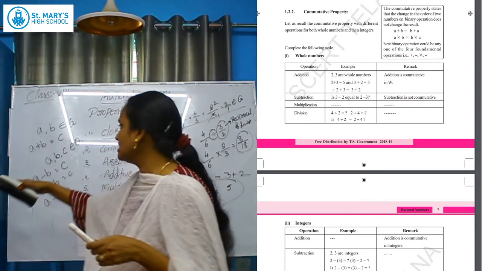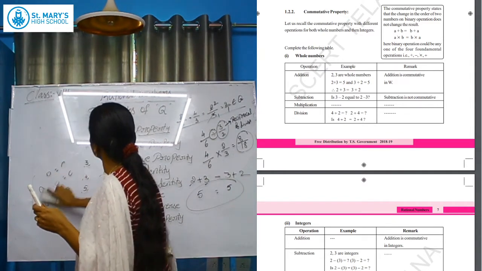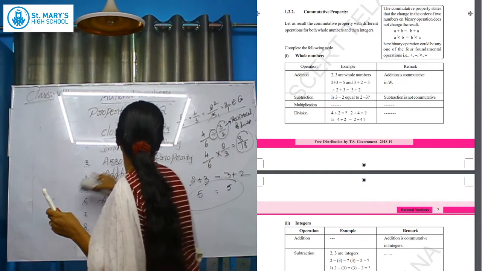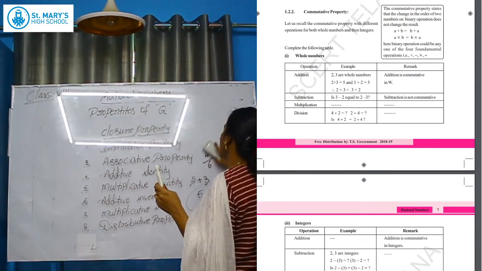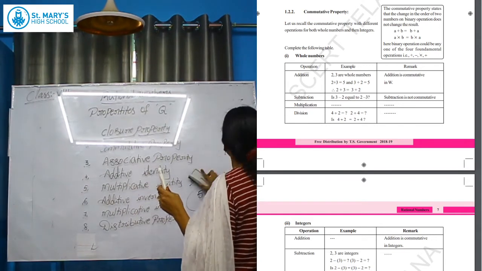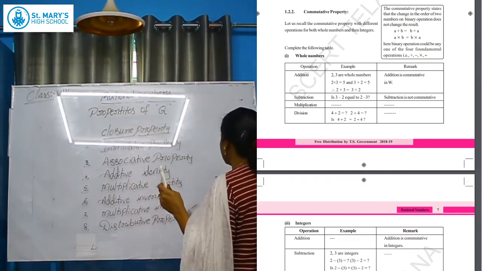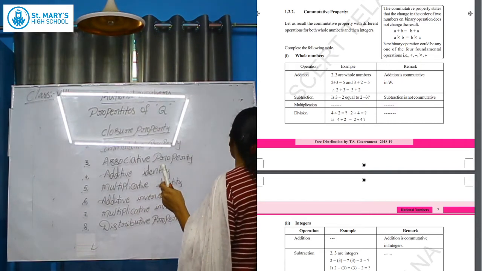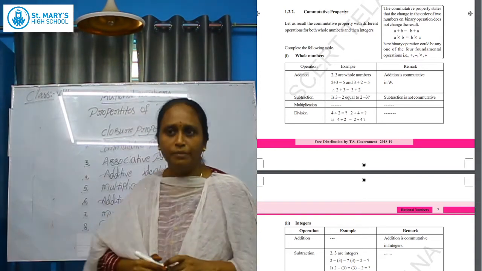What general form can we write? So the general form of commutative property is a plus b equal to... So you only say, what is that? Here we are changing the order. Yes, when we are changing the order, then a plus b equal to b plus a.